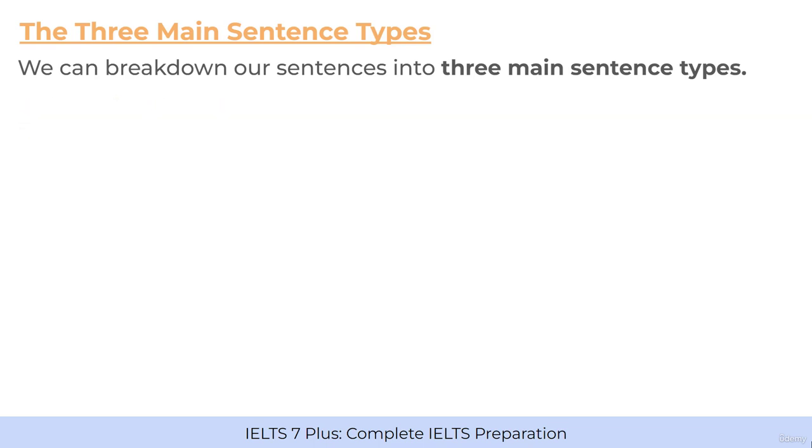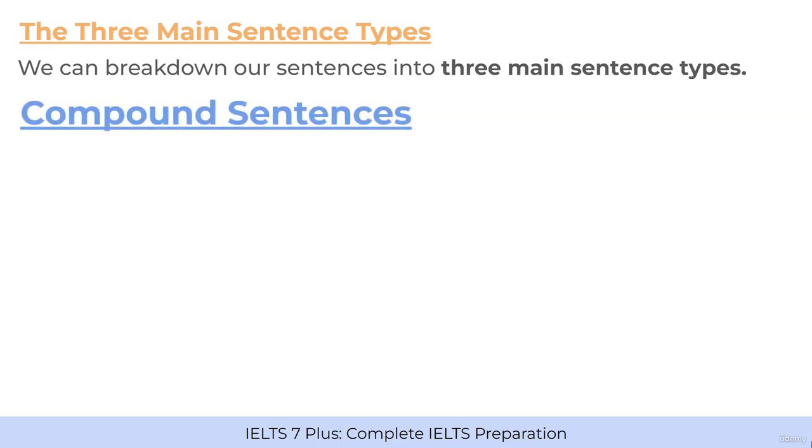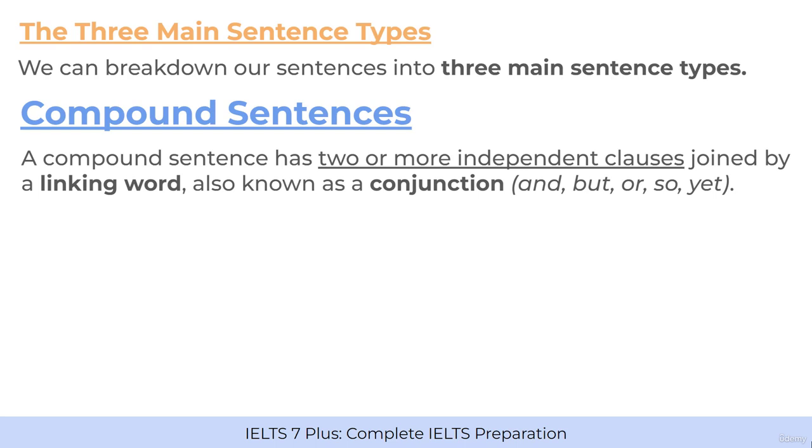Up next, we have compound sentences. These are 2 or more independent clauses joined by a linking word, and these are often called conjunctions. But, I often call them linking words, linking phrases. And these usually come in the middle of our sentence.